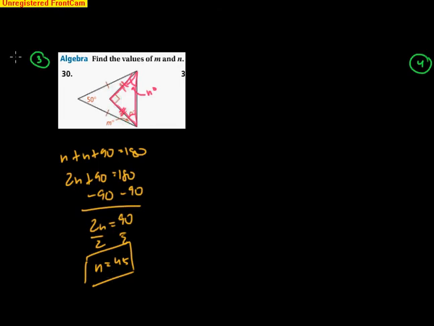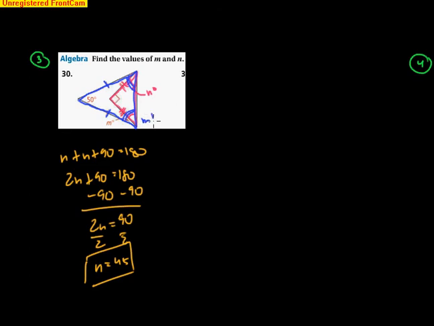So now I want to find the value of m. Well, m is just this sliver of an angle. The big triangle is also isosceles, so the corner angles are also congruent, and I'll use 2 markings for them. But what makes up the corner angle?